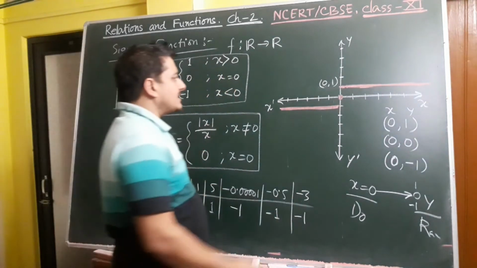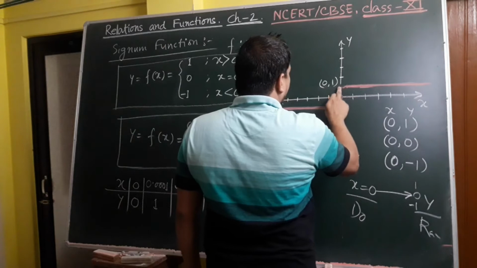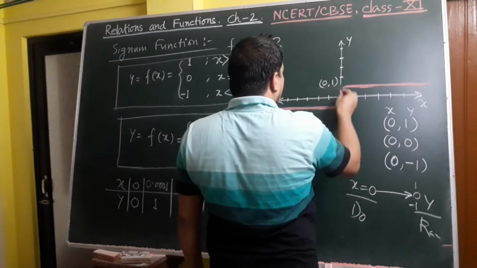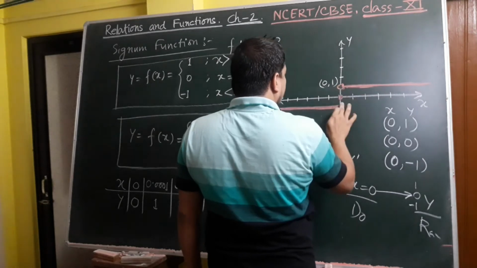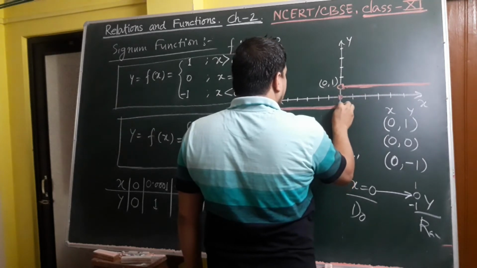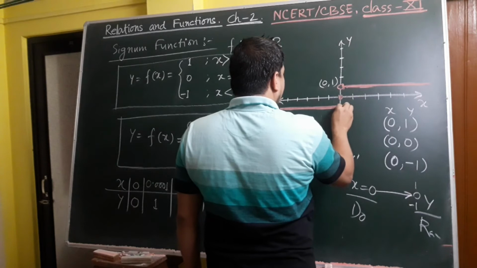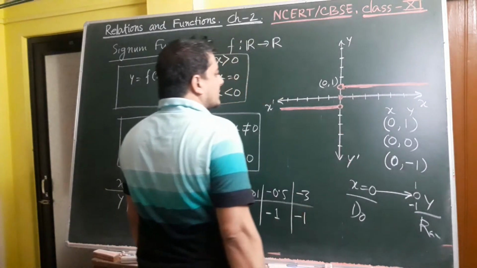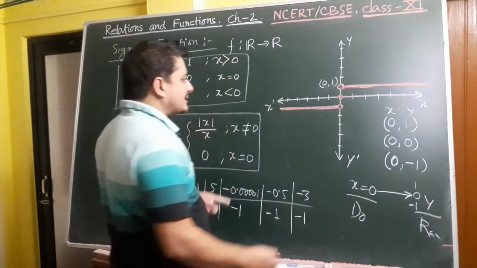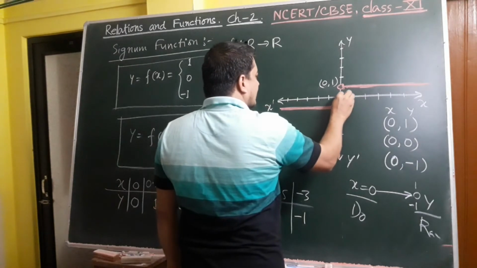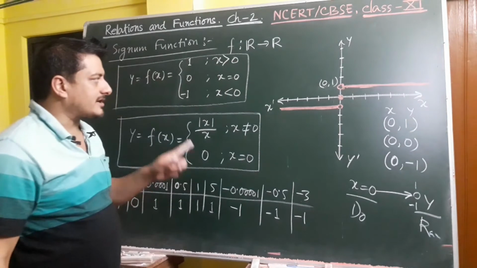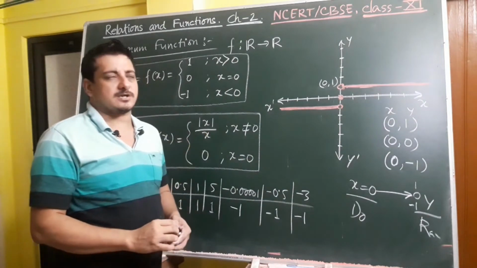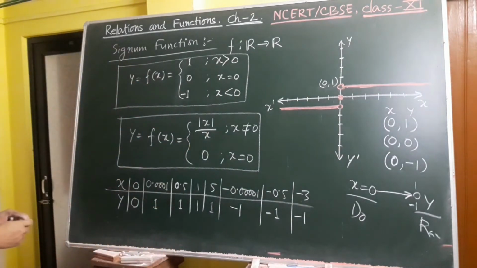So we shall show these 2 points with the help of a small hollow circle, like this. So please understand this one. The hollow circle just indicates that these points are not included, not part of the graph or the function. So that is all about the Signum function.